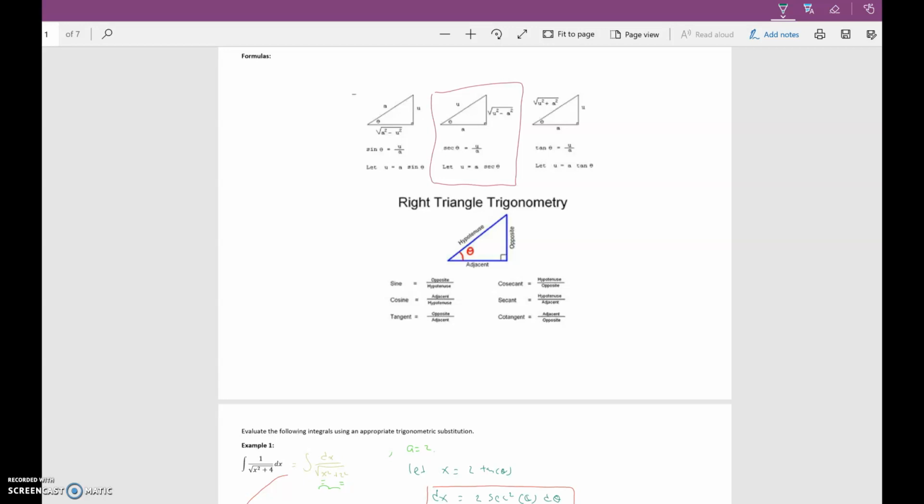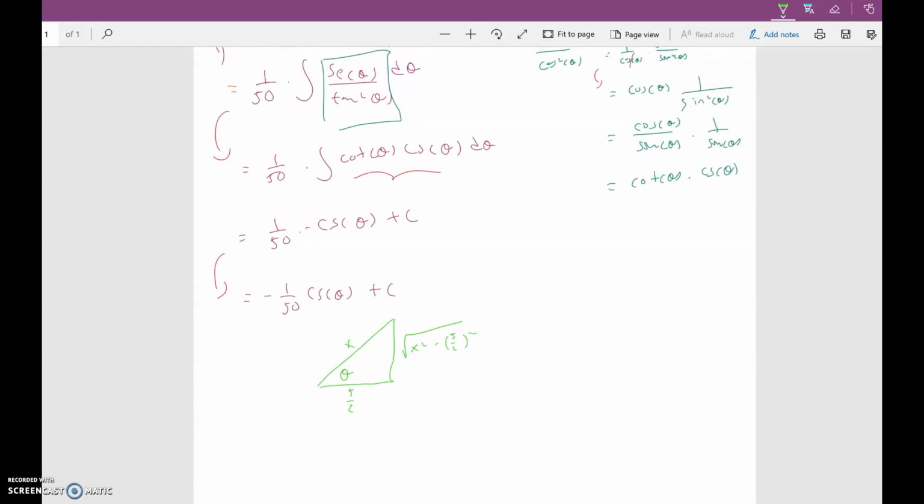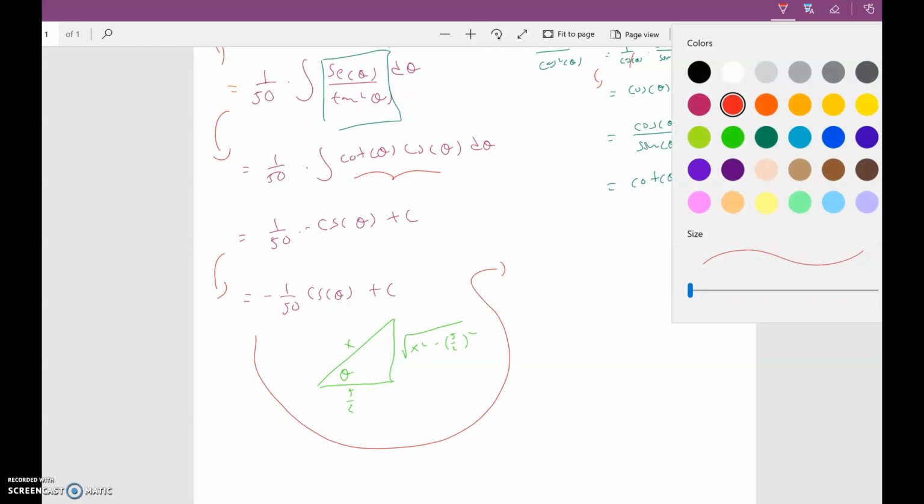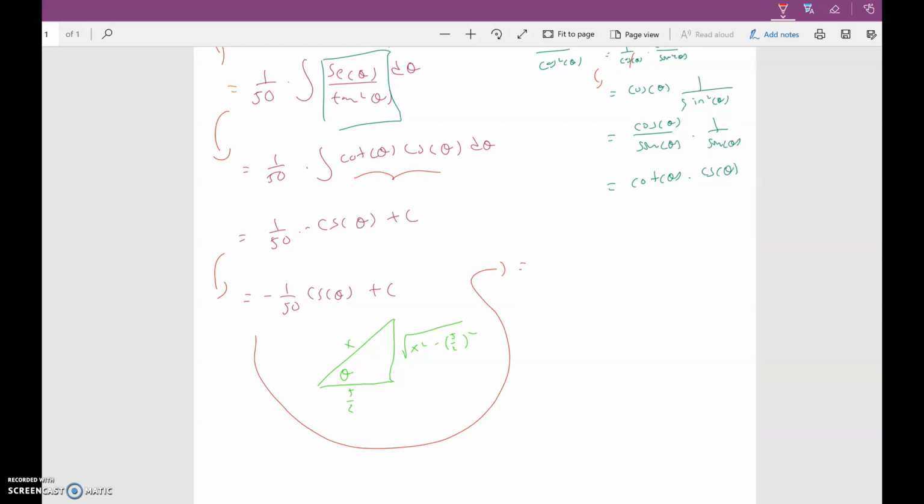So hypotenuse over opposite. So in this case, our final answer is going to be a negative 1 over 50.